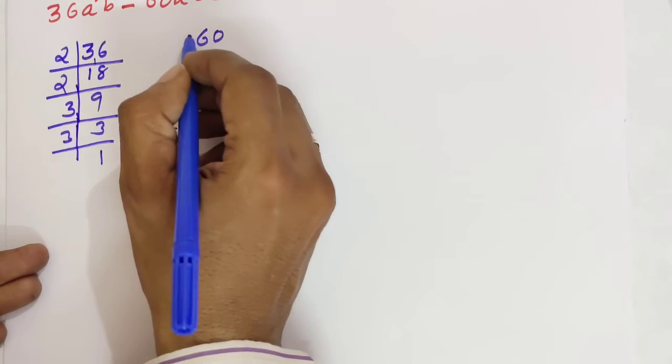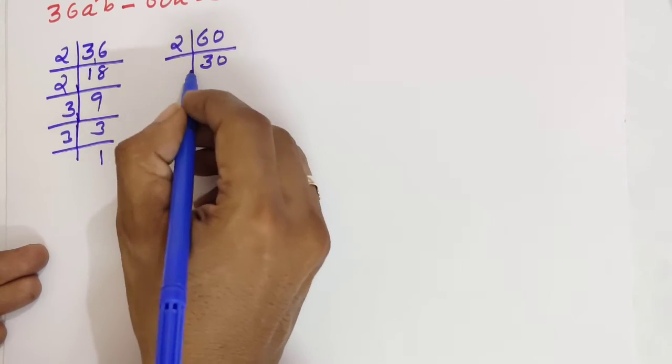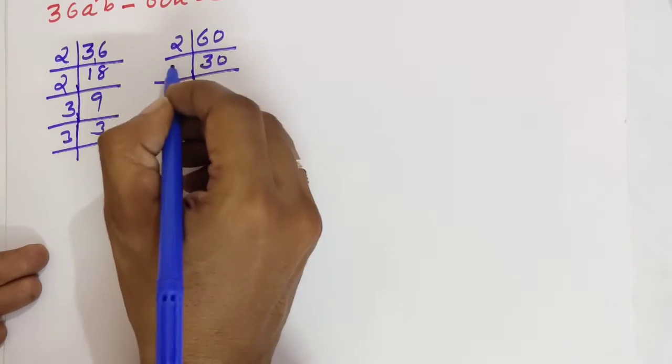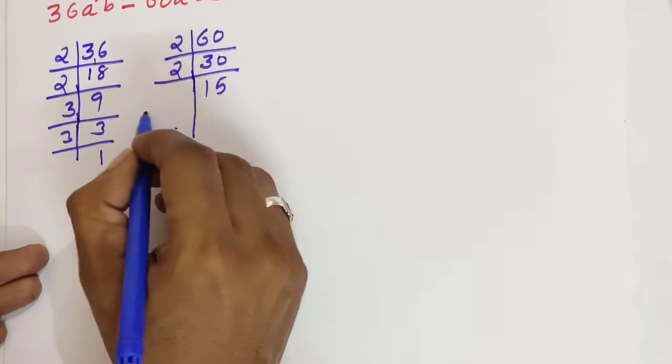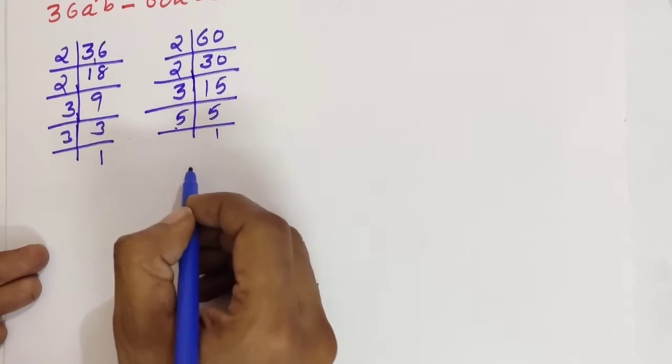Okay, now 60: 2 table, 2 30s are, 2 15s are, again 3 5s are, 5 1s are.